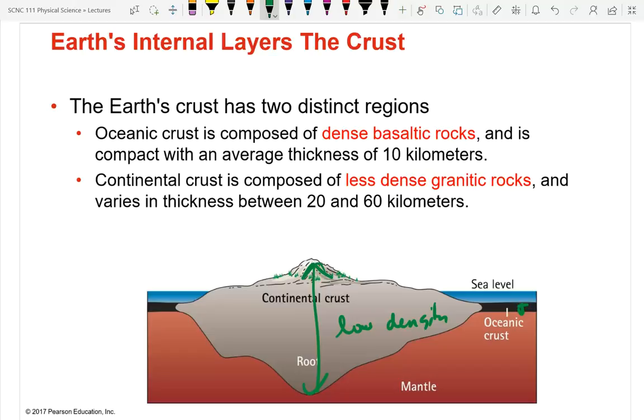And so it has this root, it goes down lower because just like an iceberg, to support the stuff here that's above the level of the normal surface, you have to have a much bigger amount that's down below. So that's why it's so thick, because you need to have basically the same weight.